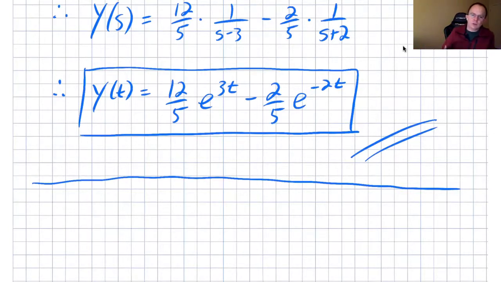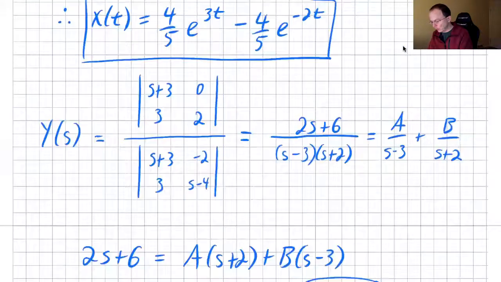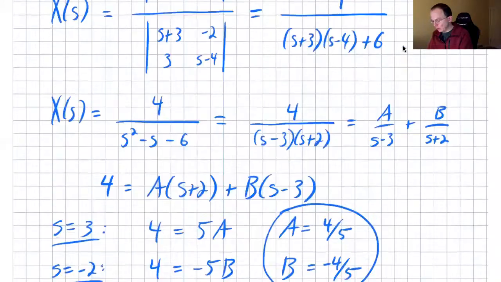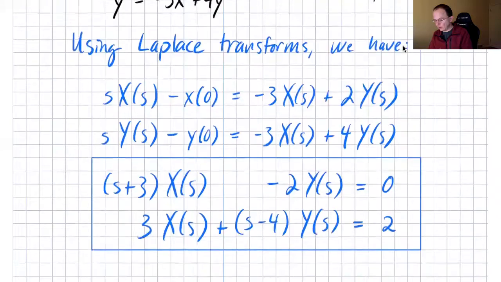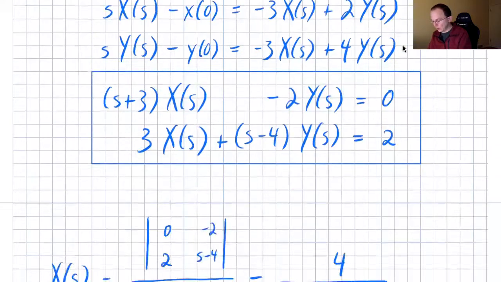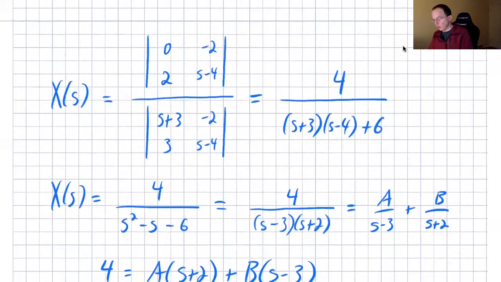If you like to use Laplace transforms to solve a system of differential equations like this, so you don't have to use the method of elimination, you'll end up getting a linear system like this for x of s and y of s, and then you just use Cramer's rule like we've been doing many times in this course to solve the linear system very easily.